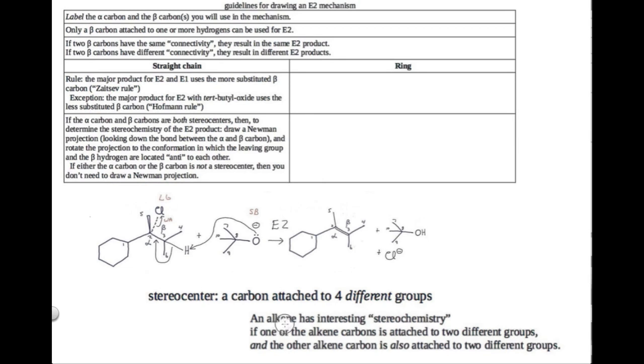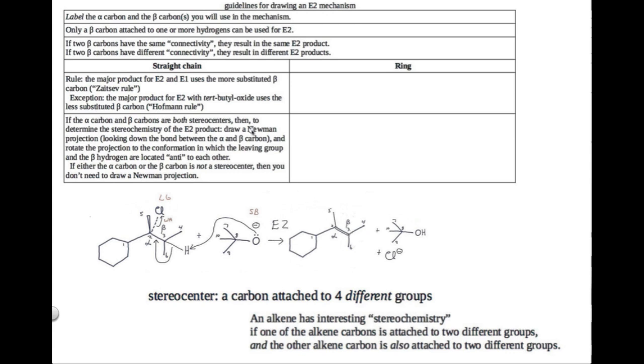Remember that an alkene has interesting stereochemistry if each of the alkene carbons is attached to 2 different groups. But in this product, carbon 3 is attached to 2 identical methyl groups, so this alkene does not meet this qualification, and this alkene product does not have interesting stereochemistry.